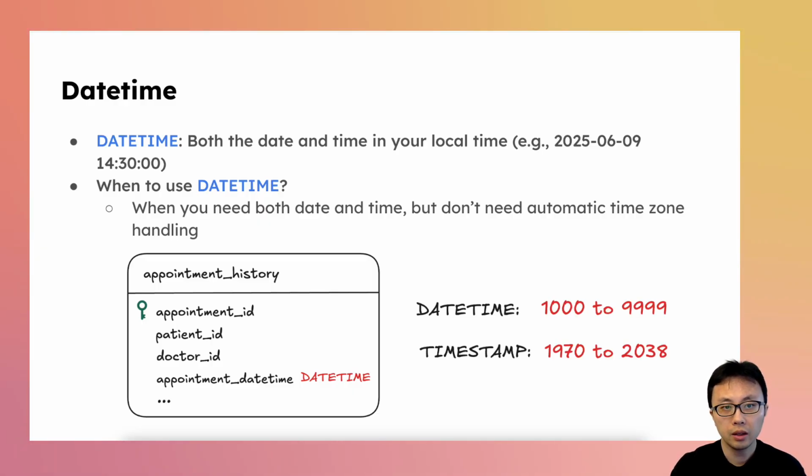In comparison, the range of datetime is much bigger than timestamp. Datetime goes from year 1000 to one short of 10,000, whereas timestamp only goes from 1970 to 2038. Judging by the range, you might think that timestamp is much less powerful, but its power doesn't lie in the range.